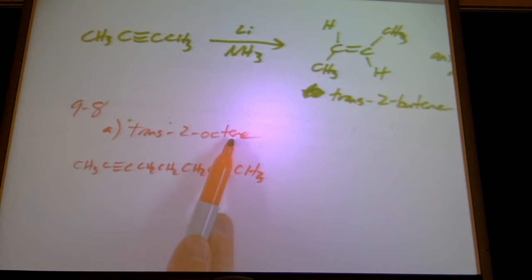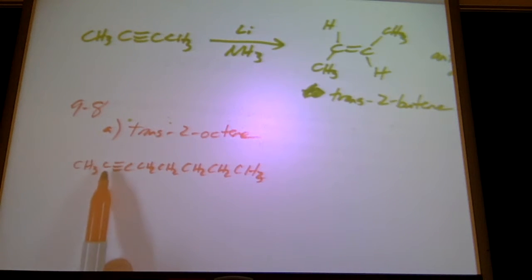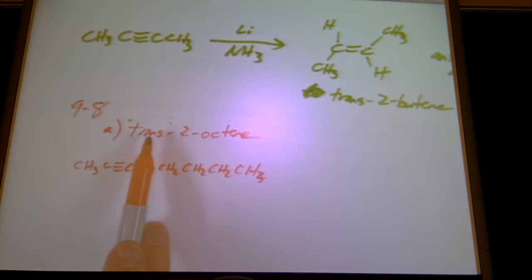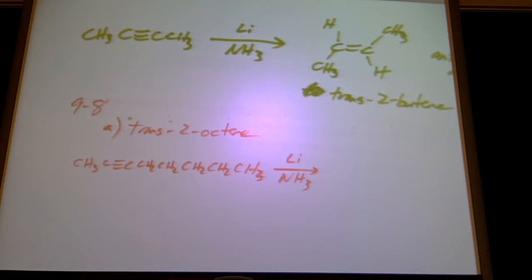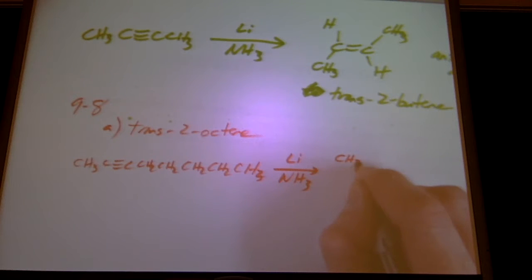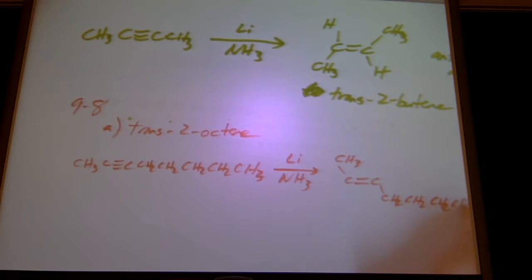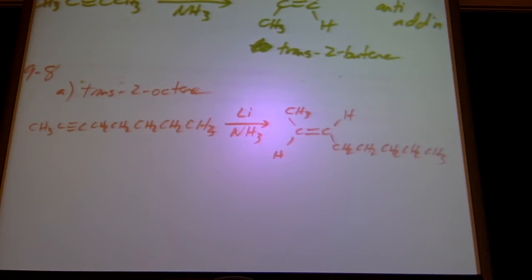I know my double bond's at 2, so when I draw out my alkyne, I'm going to put my triple bond at 2. 1, 2, 3, 4, 5, 6, 7, 8, 8 carbons, so that's 2-octyne. Now I want trans, so that means I want the hydrogens to add to opposite sides. So I'd use the lithium and ammonia, or sodium and ammonia. So there's your trans-2-octene.